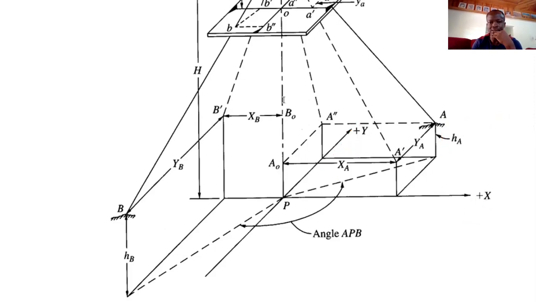This is the x-axis, and this is the point A. How far is A along the x-axis? From here to here, that is your x. It's the same as from here to here.